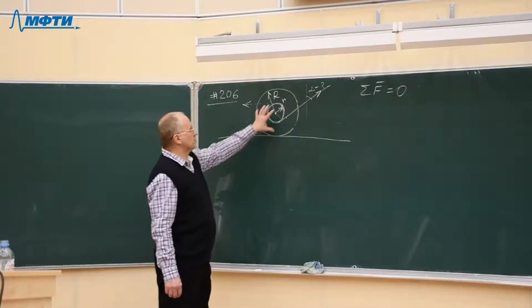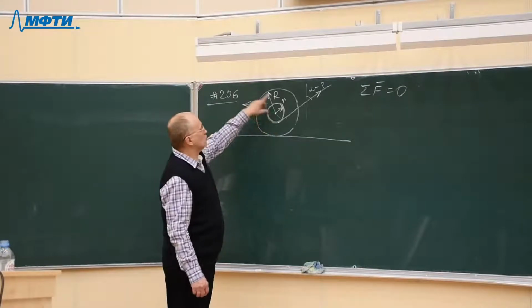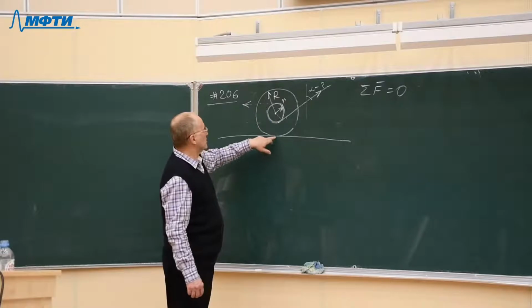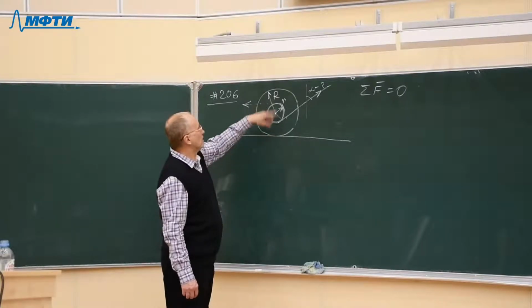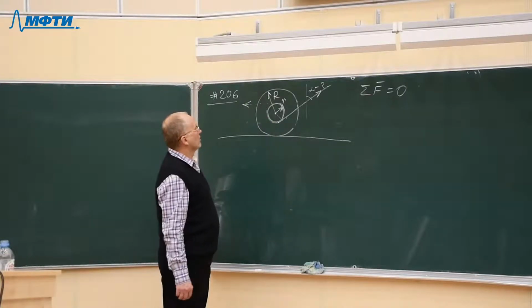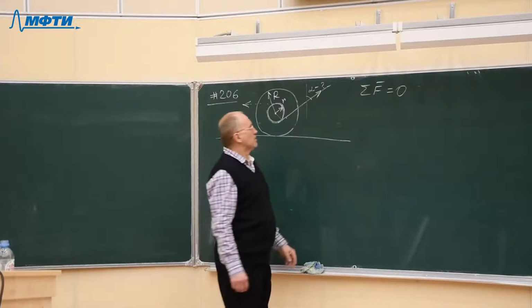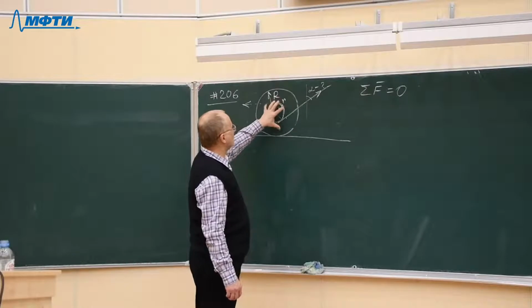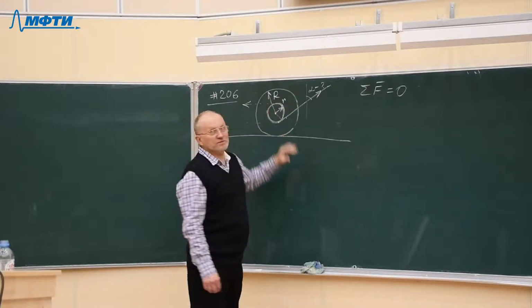However, in this particular case, the spool may rotate and will probably rotate, with slipping here. And rotation means that the total torque applied to the spool is non-zero.